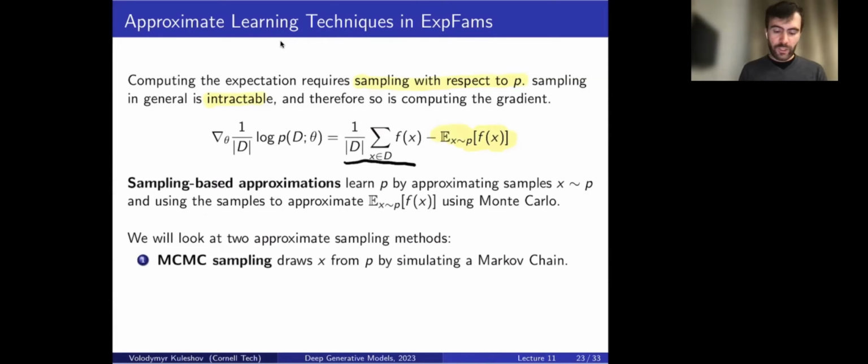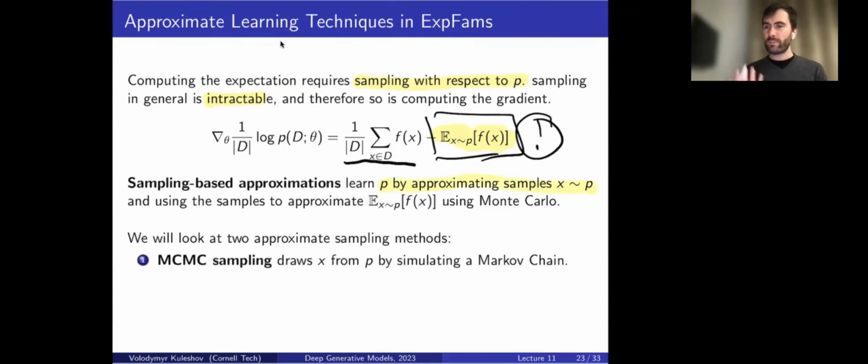So our main challenge is this term. This is going to be hard. But it also hints at a way of doing approximate inference in these types of models. Let's say that we could draw samples by sampling x from P in some way.